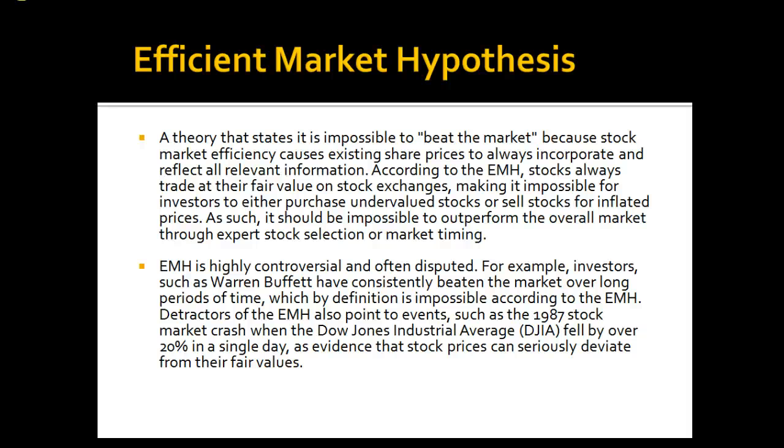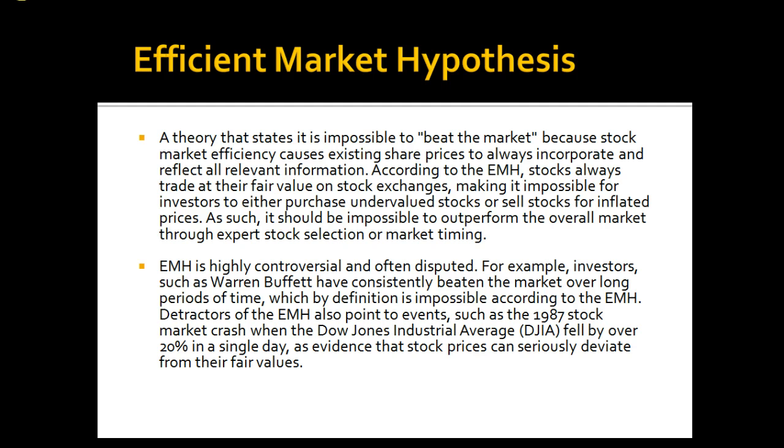Now, when the efficient market hypothesis was coined, it was a very long time ago. But now with the technological advancement and the day traders and scalpers that came forward, this theory proves to be wrong more and more. So the EMH is highly controversial and often disputed, especially now.